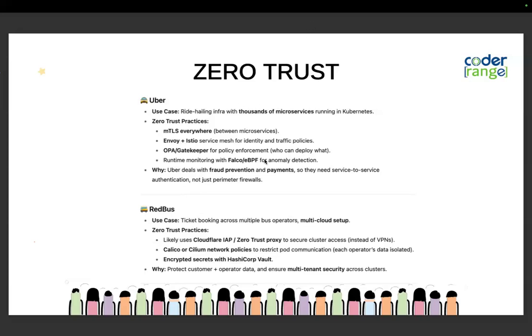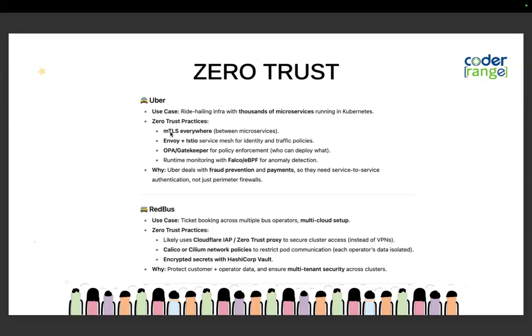Okay, Venkatesh, what is this mTLS? It is actually mutual transport layer security. This is very important. Mutual TLS encrypts the traffic between client and server, and both sides authenticate each other using certificates.